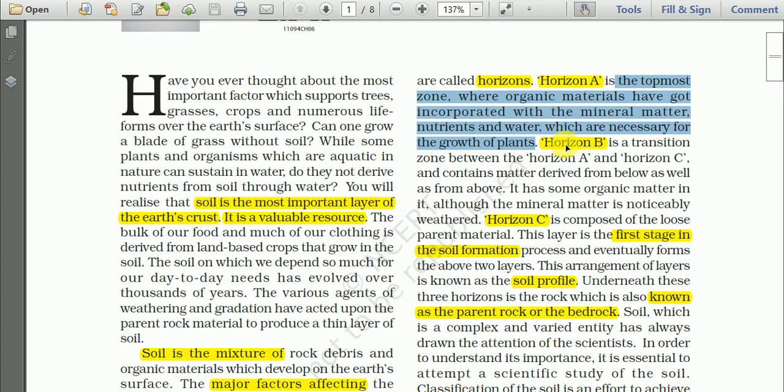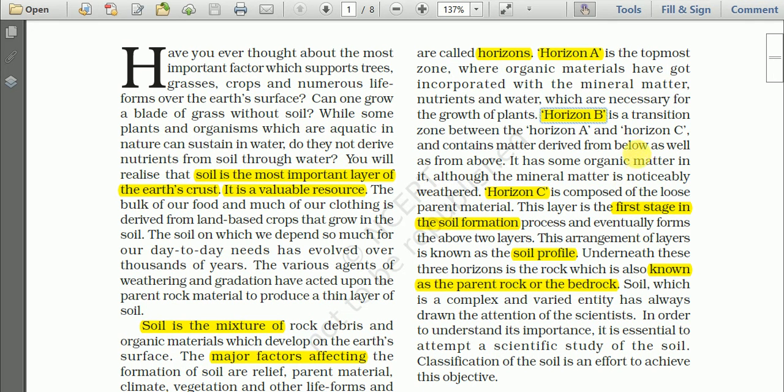And next we have B horizon. B horizon is a transition zone between the A and the C horizon, and it contains matter derived from below as well as from above.